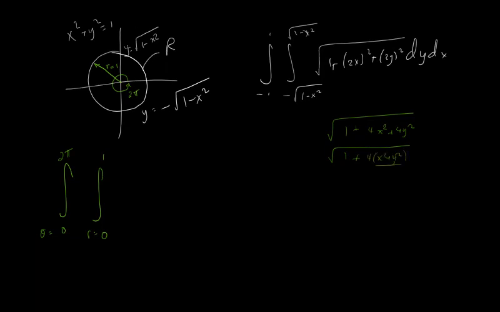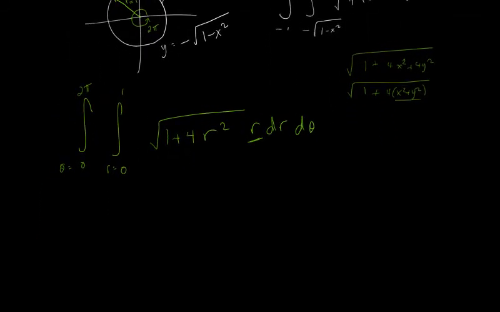Well, x squared plus y squared is replaceable by r squared. So this will be the square root of 1 plus 4 r squared. And as we have said before, when it comes to changing variables to polar variables, we have to replace dy dx with r dr d theta. R dr d theta. Do not forget the r.